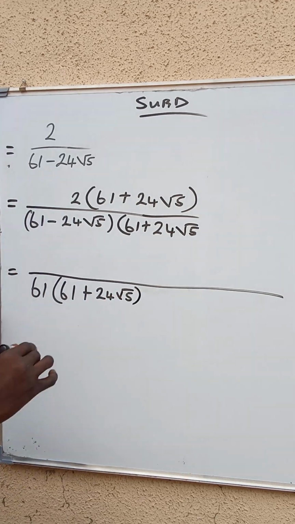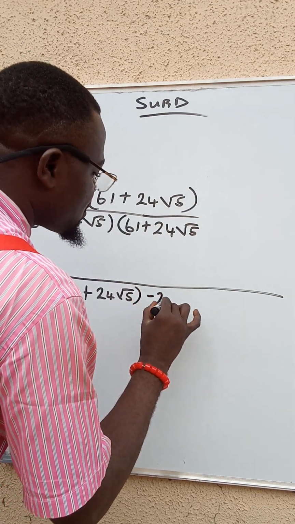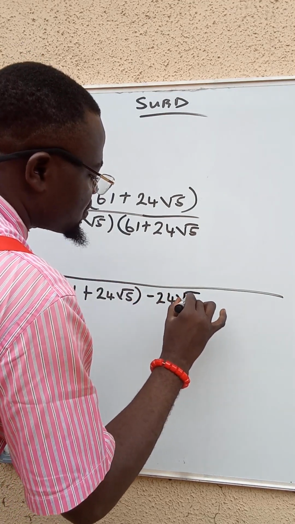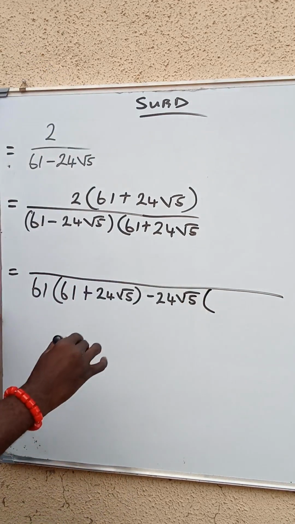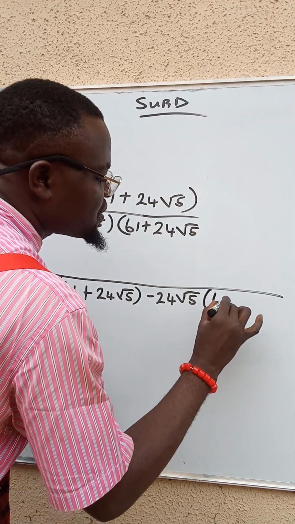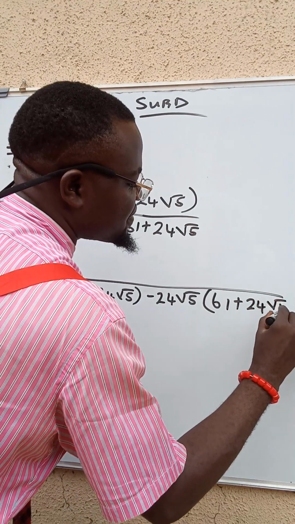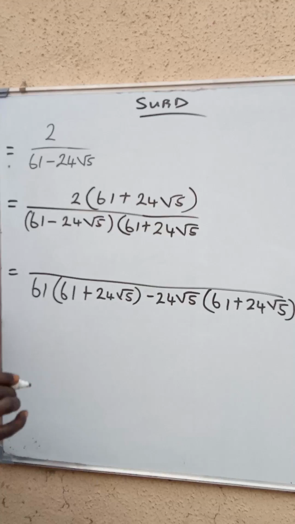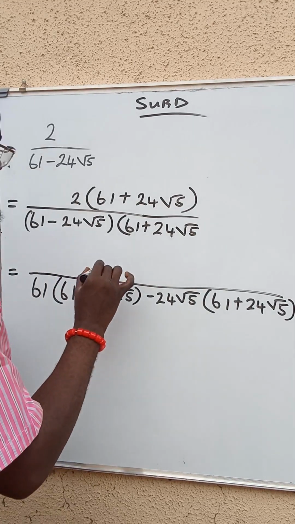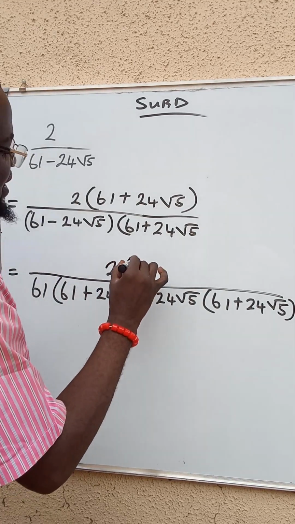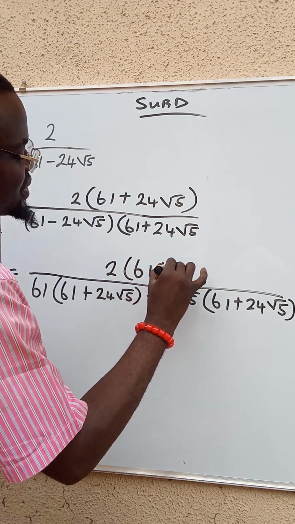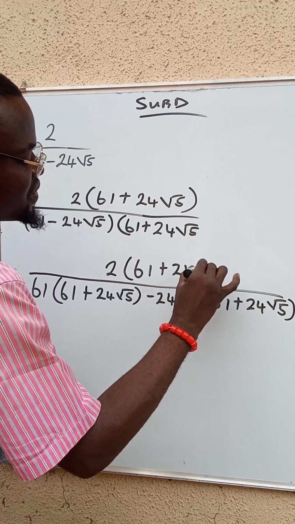Right? Then bring minus 24 root 5. Open your bracket again. Put 61 plus 24 root 5. Close your brackets. Then bring this person here, 61 plus 24 root 5.